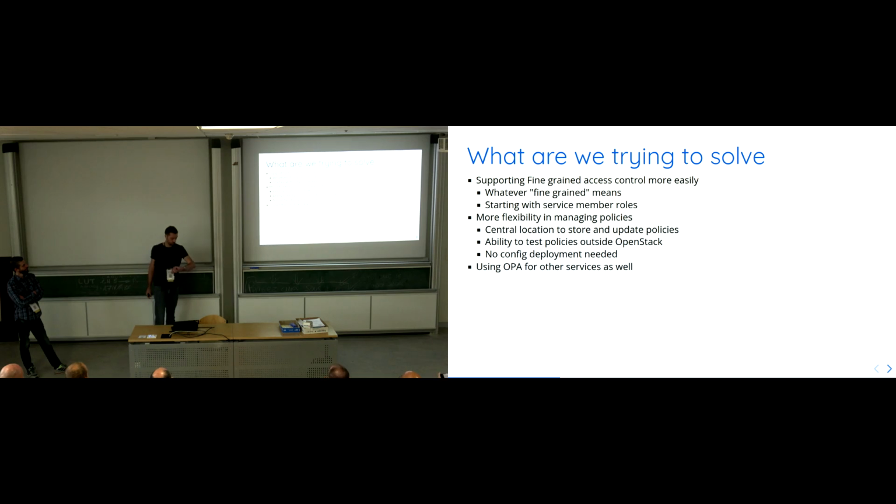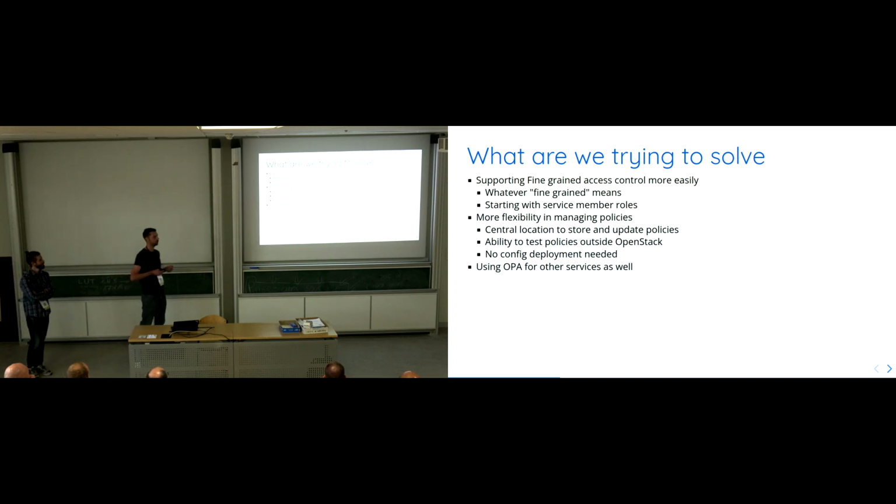So what are we trying to solve? Quickly, the need from some of our customers was, we want fine-grained access control. What does fine-grained mean? It can mean a lot of things, and the customers didn't really know exactly what they meant, but there was a starting point. The starting point was that we wanted to provide some service member roles.